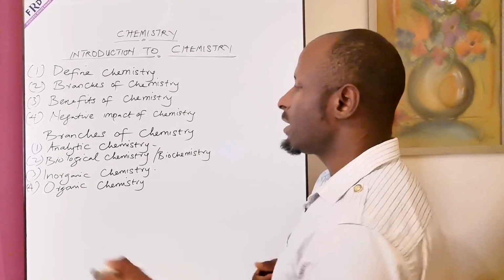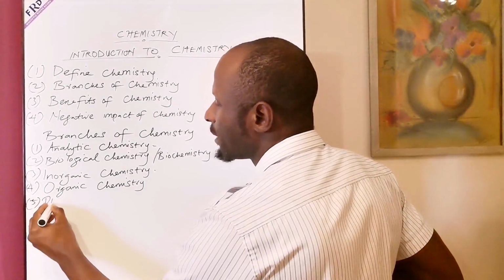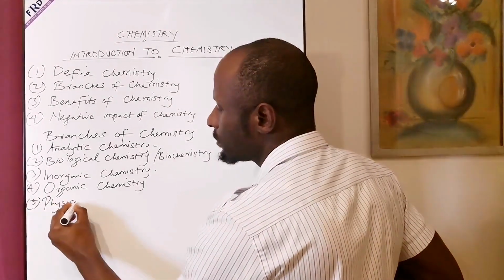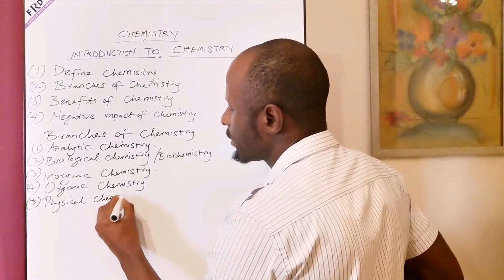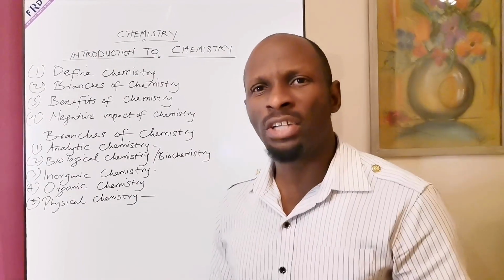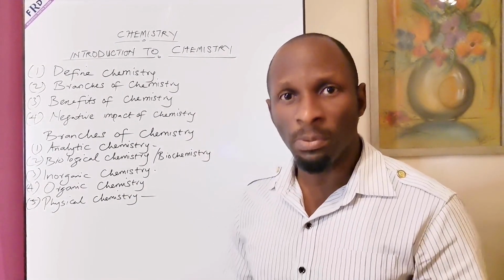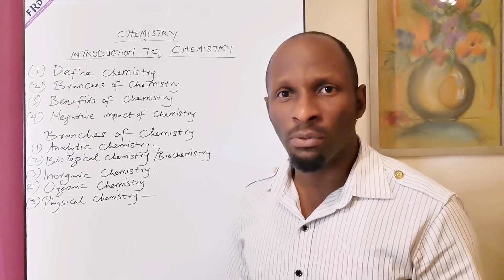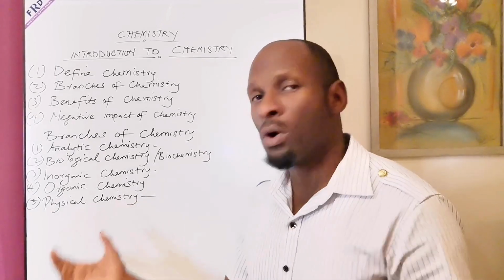Then number 5, we also have physical chemistry. Now, physical chemistry has to do with what? The physical attributes or properties of different substances. For example, when we talk about change in states, it falls under what?